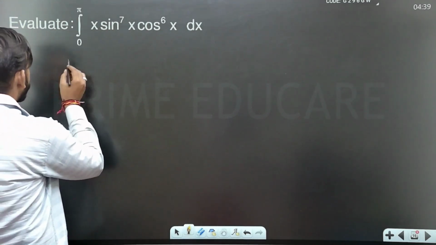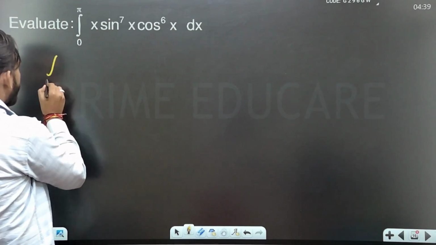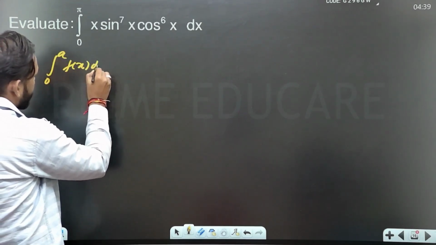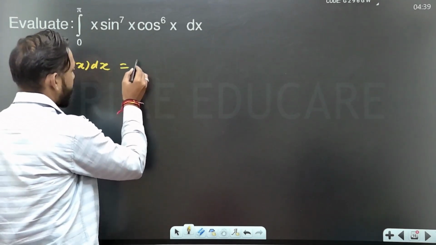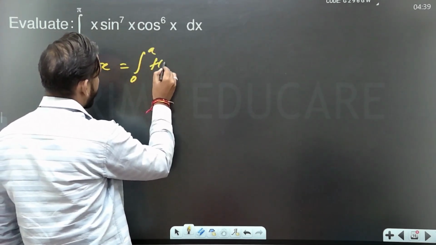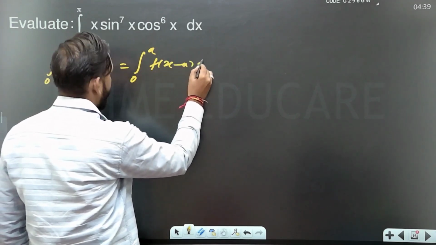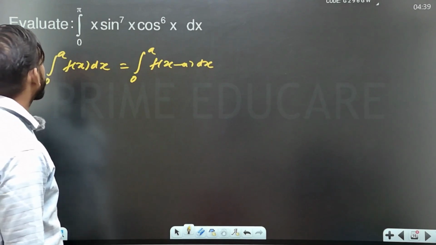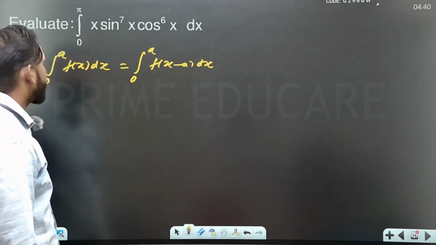If we have the integral from 0 to a of f of x dx, it is the same as the integral from 0 to a of f of a minus x dx.